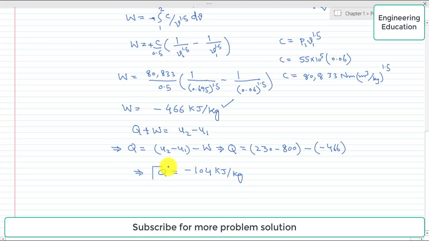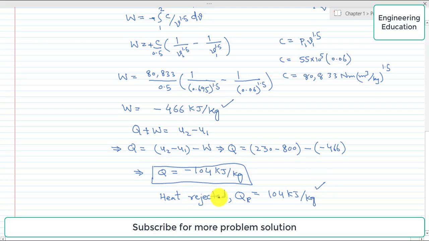As this heat is rejected from the system and it is output from the system, that's why the value of it is negative. So we can also write that the heat rejection value QR is 104 kilojoule per kilogram.